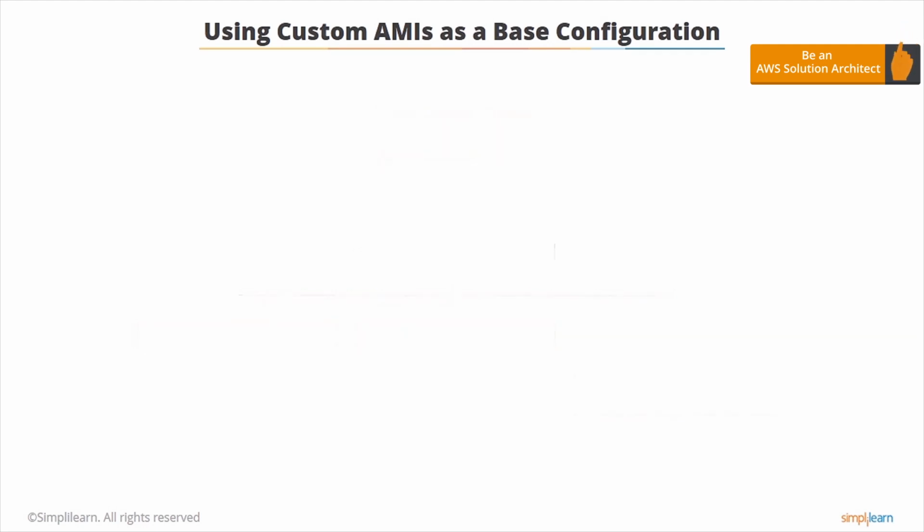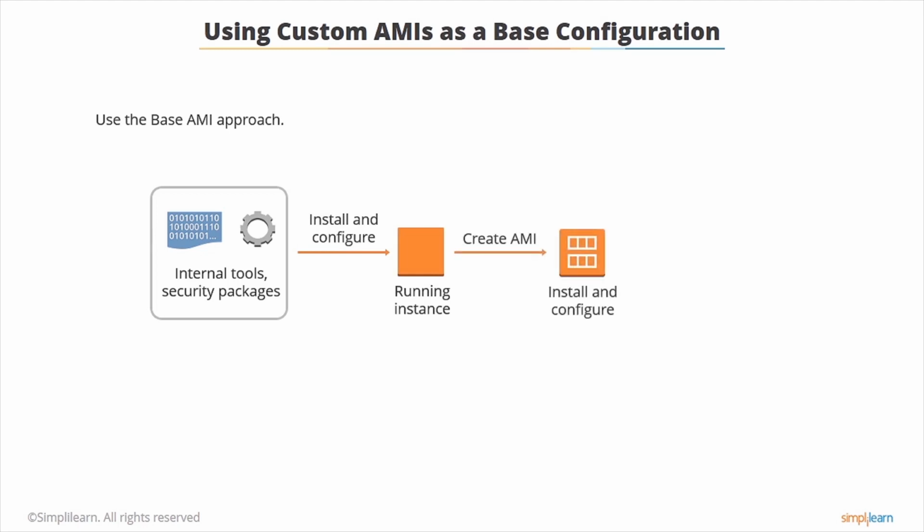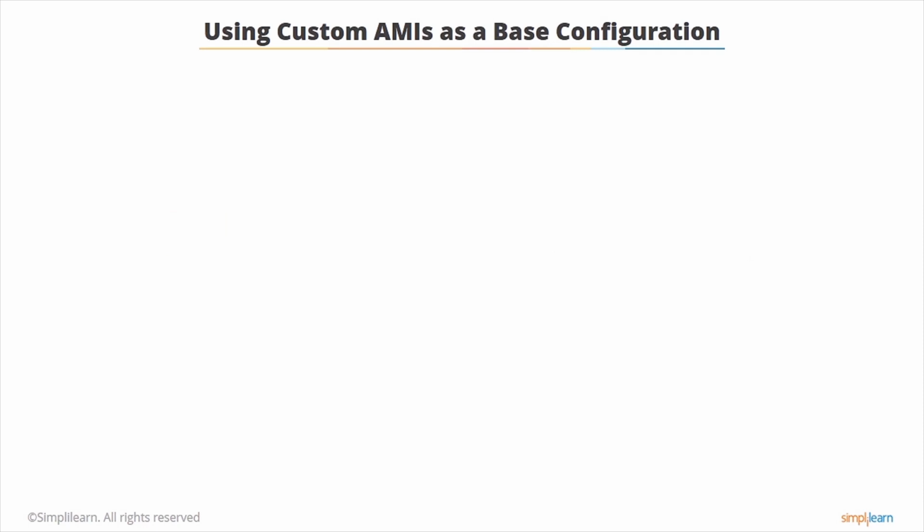In this circumstance, consider using the base AMI approach. With this approach, you can pre-configure all of the software your organization requires on an Amazon EC2 instance, and then create an AMI from that instance. The new AMI would then become the AMI used to create all new instances within the organization.